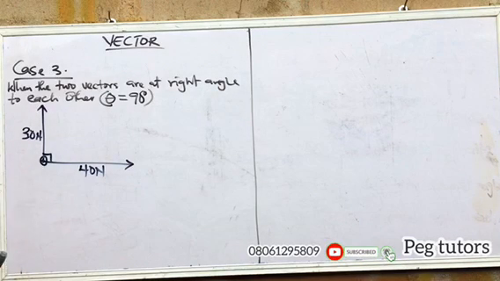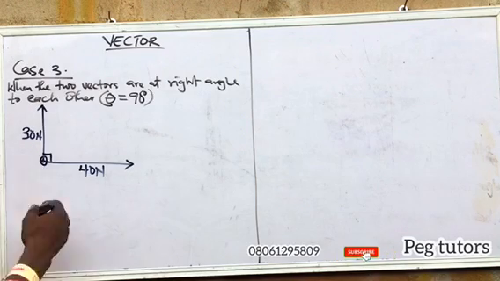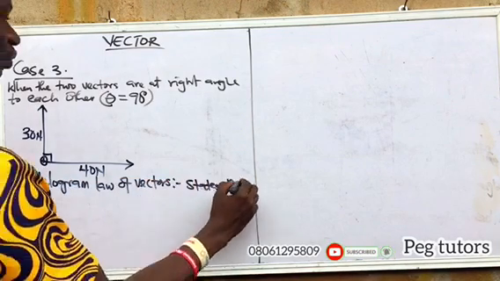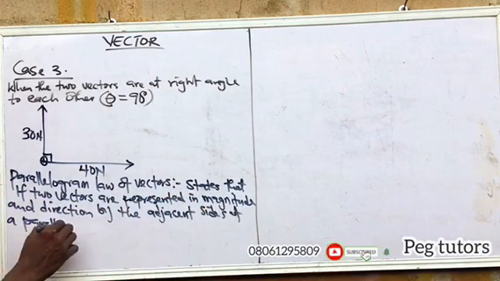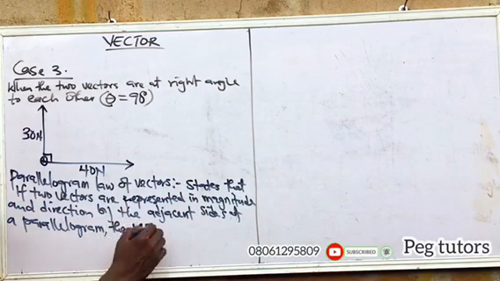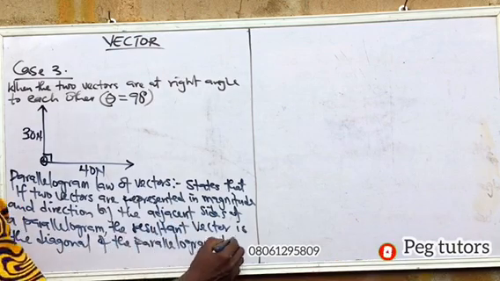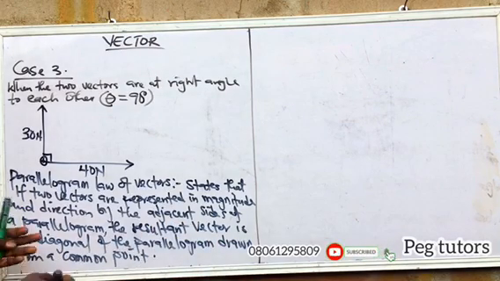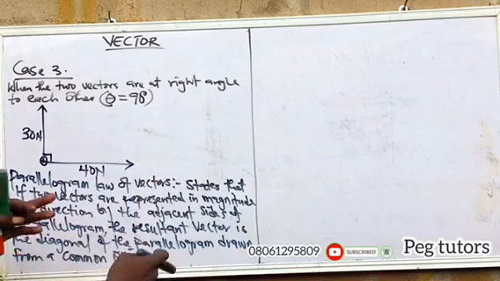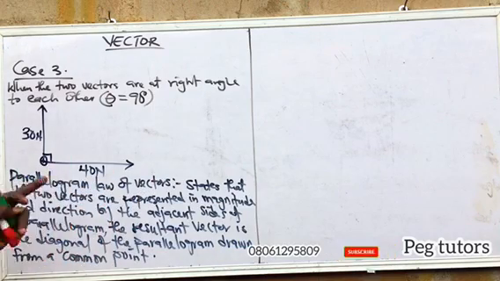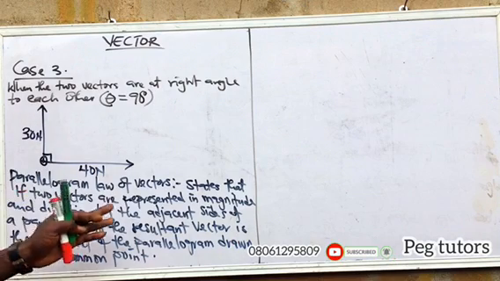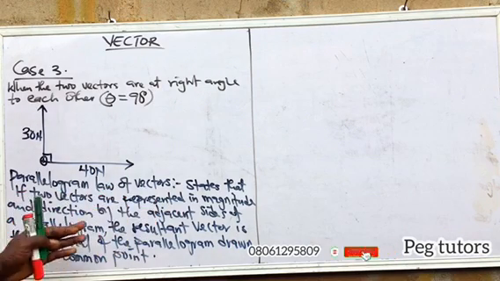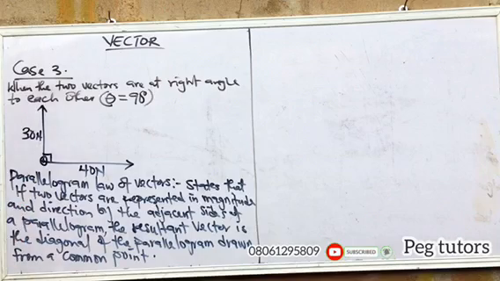Now, to find the resultant, we use what we call the parallelogram law of forces or vectors. Now, parallelogram law of vectors states that if two vectors are represented in magnitude and direction by the adjacent sides of a parallelogram, the resultant vector is the diagonal of the parallelogram drawn from a common point.